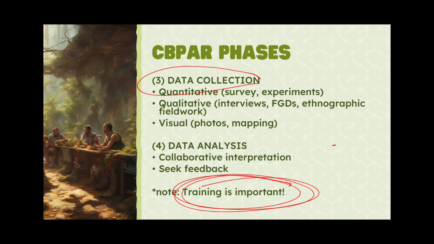And then of course you collaborate on the data analysis with the community. You identify the themes of the findings with the community, and then seek feedback from the community. Are these fair findings? Do these really reflect the issues in the community, right?